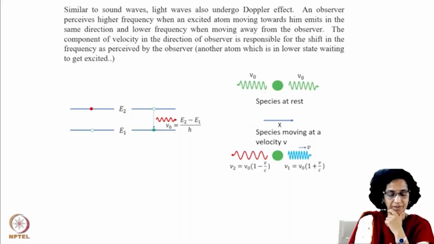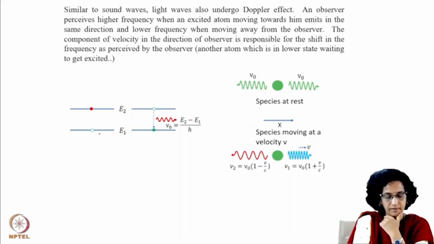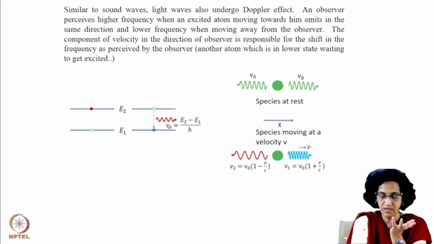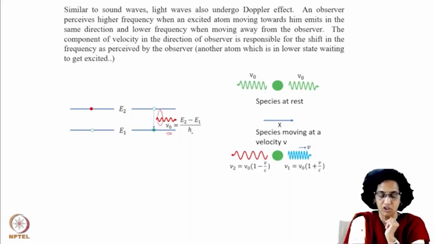So what we have here, for example, is a molecule which, when excited, goes to the upper state E2, and when it comes down, it emits a frequency. The central frequency is nu zero, which is E2 minus E1, the energy difference, divided by h.